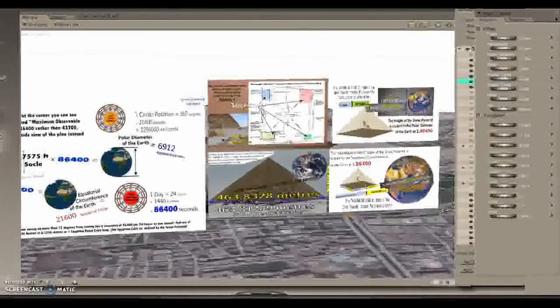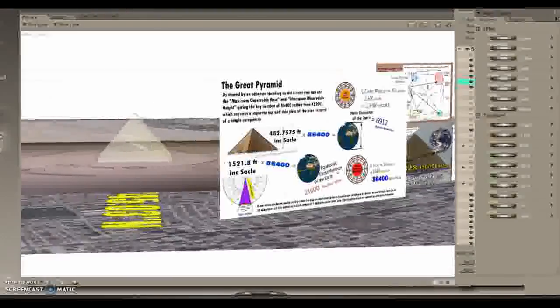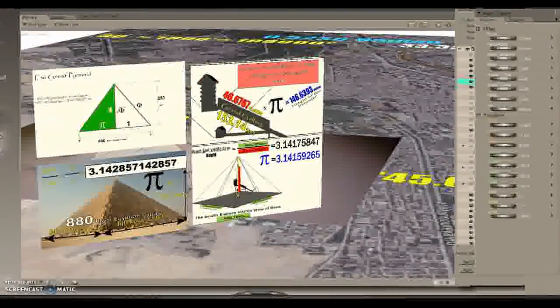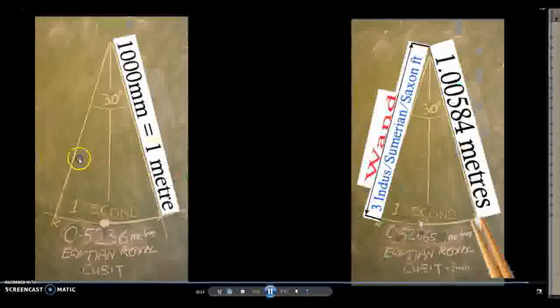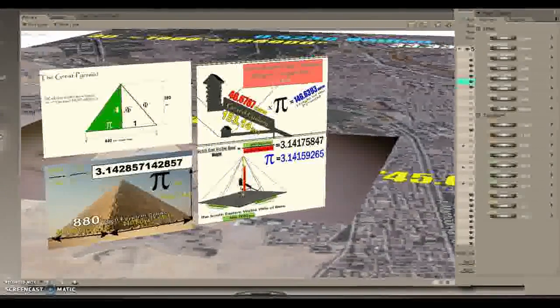So the northeast corner, we have astronomical information, and there's more to come in regards to each of these aspects and why it's so important. The southeast corner brings us proportions, and again, the proportions that are on the outside of the pyramid also will be repeated on the inside of the pyramid, a double reference.